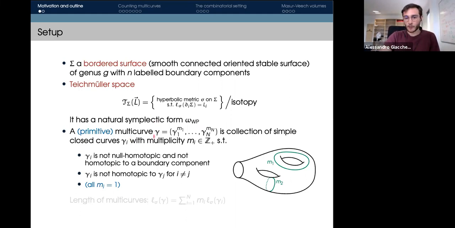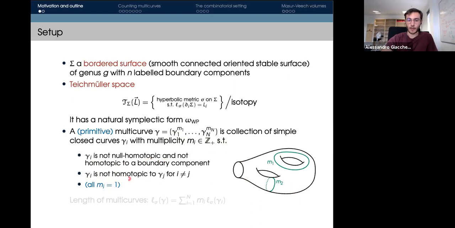So I will talk about multicurves that for me are just a collection of simple closed curves, gamma_i. They are all considered up to homotopy. And I consider them with multiplicity, m_i, that are just positive integers. And I always suppose that these multicurves are not null homotopic, and they are not homotopic to boundary components of the surface.